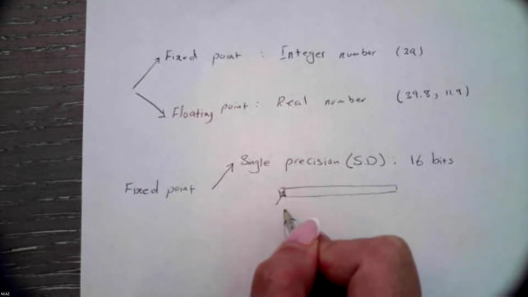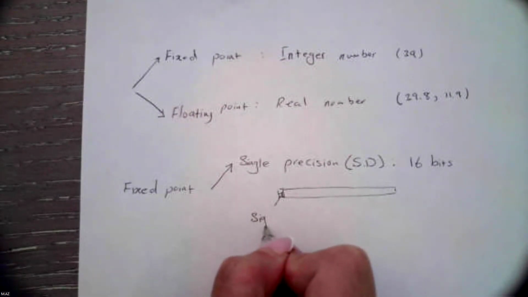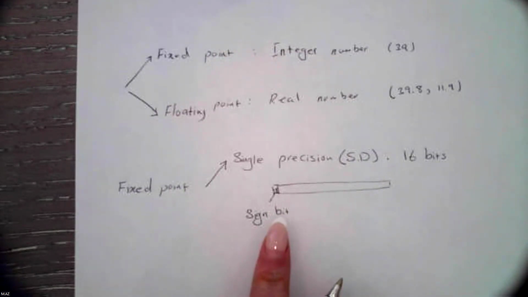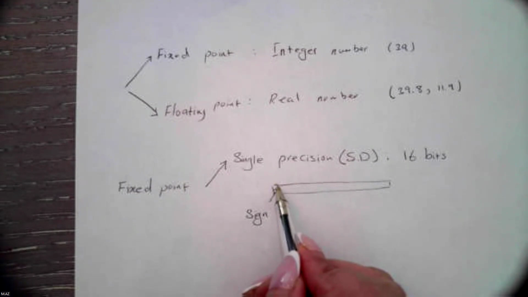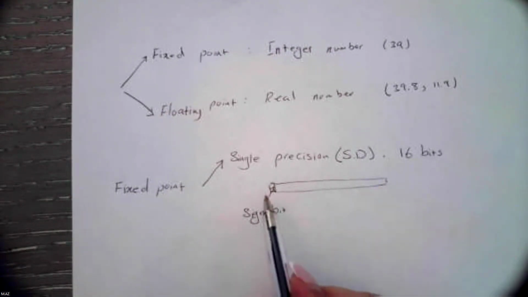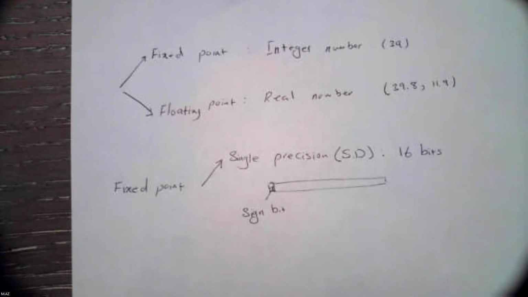The first bit from the left side is called the sign bit. What does this mean? Whether our number is positive or negative, we have to define it for the computer. We have this equation for the sign: -1 to the power s.